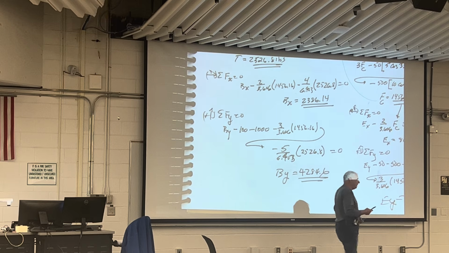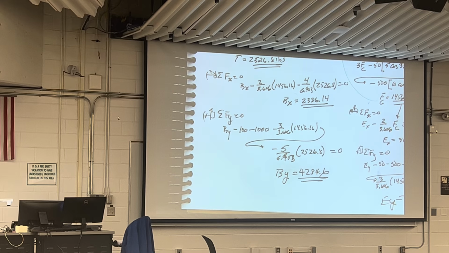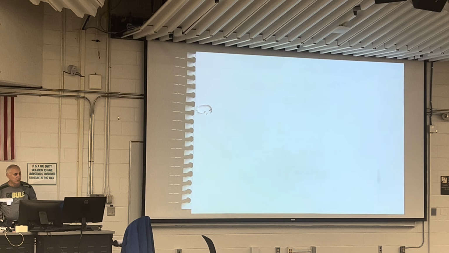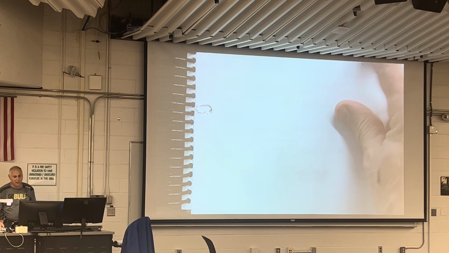Notice that we basically took this whole thing and dismembered it into two pieces. We did a problem way back when. This problem, same idea, except this was a two-force member. If I recognize that, I'll make my life much easier.